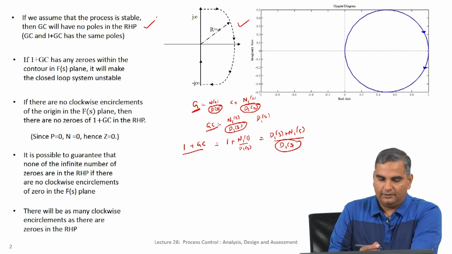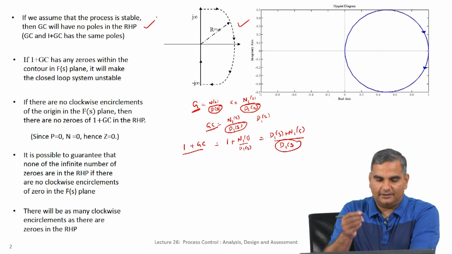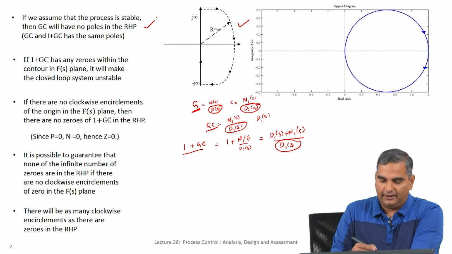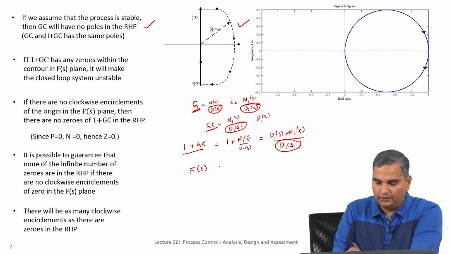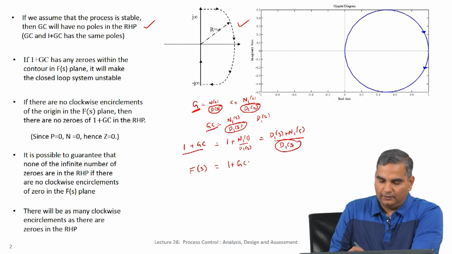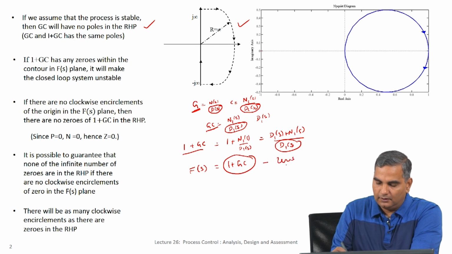Now, the next bullet point takes this idea to the Nyquist plot, and the f of s that we are going to use to plot all of this is going to be 1 plus GC, and this 1 plus GC has some zeros and poles.